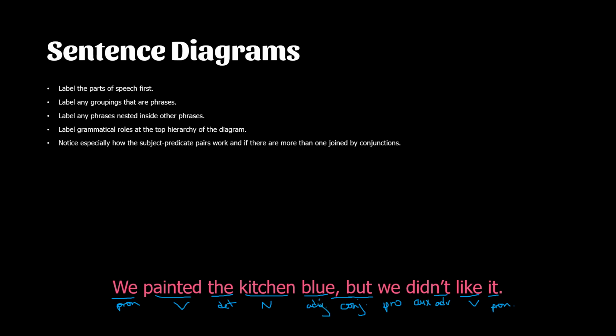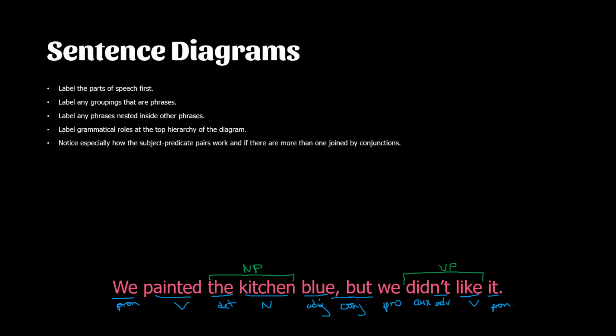So let's make some phrases here. "The kitchen" is our noun phrase. "Didn't like" is a verb phrase. Okay, now we need to go up in hierarchy a little bit.